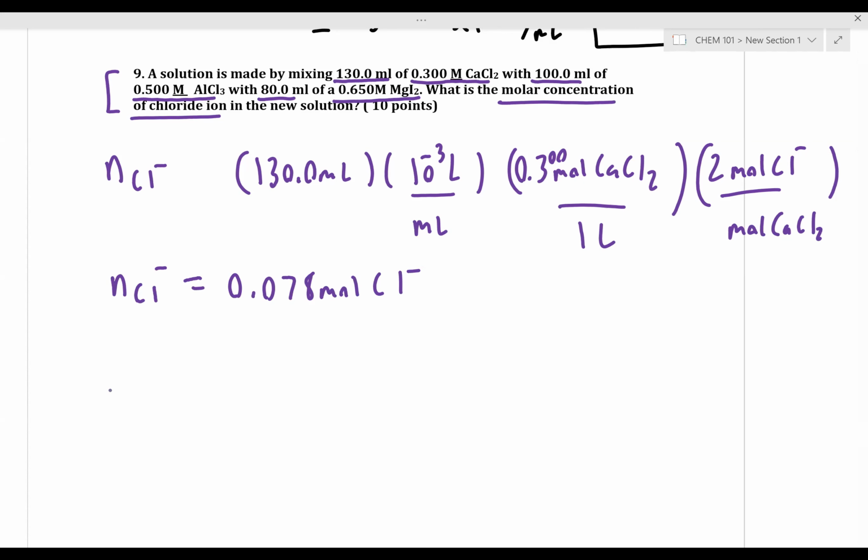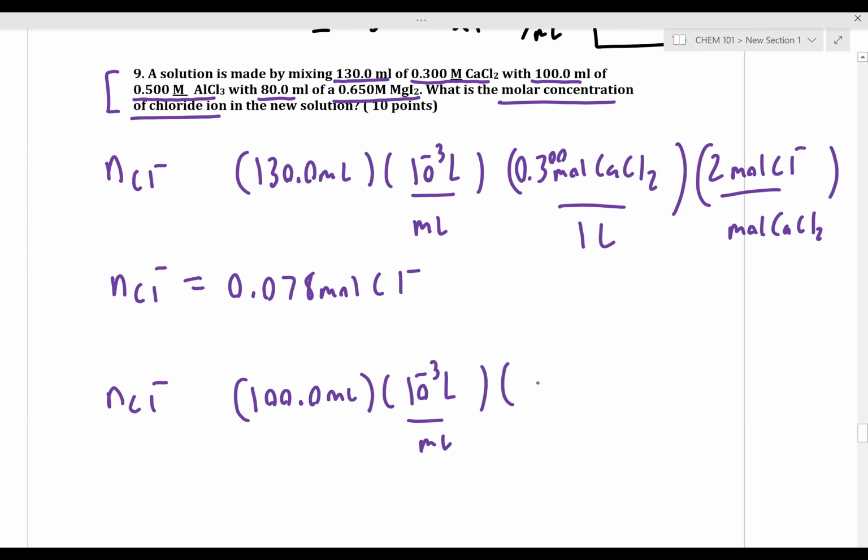Let's do the exact same process for our second solution. We have 100 milliliters of our aluminum chloride solution. We have 10 to the negative third liter per mL. We have 0.500 moles of aluminum chloride for every 1 liter.